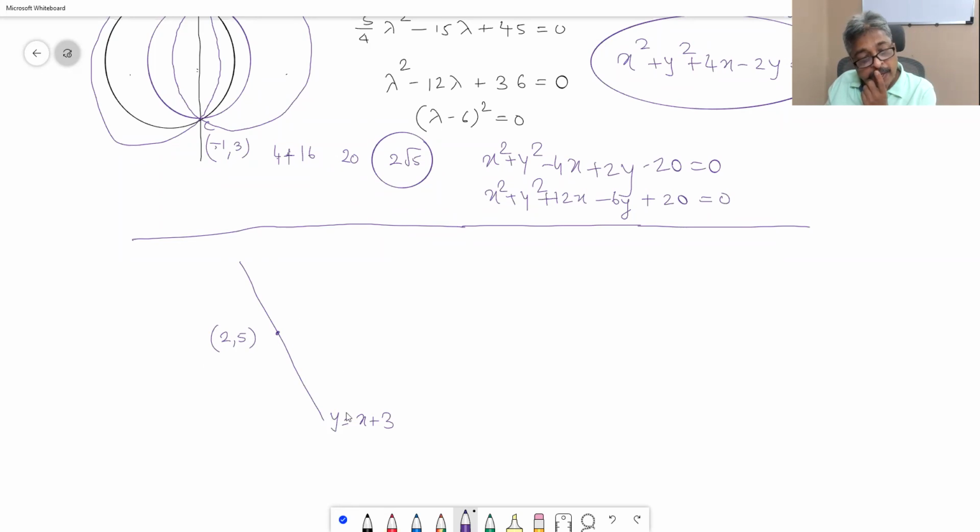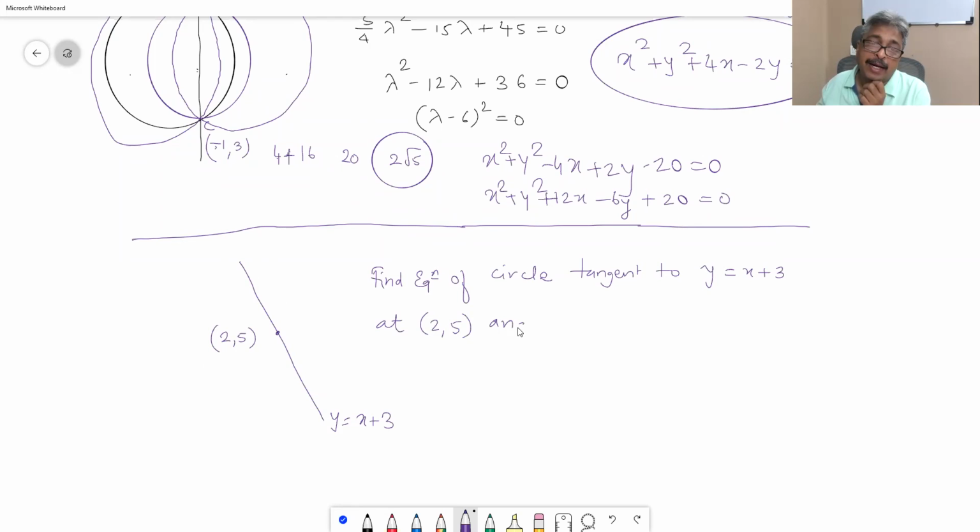Find the equation of the circle tangent to y is equal to x plus 3 at 2 comma 5 and passing through 0 comma 3.